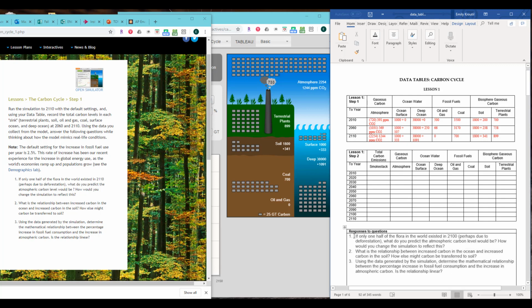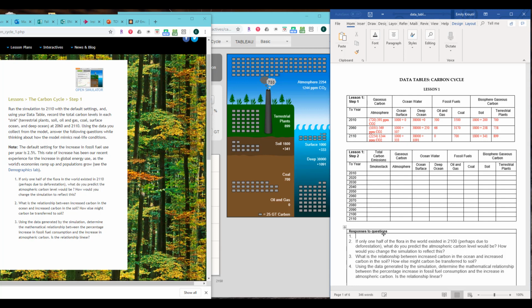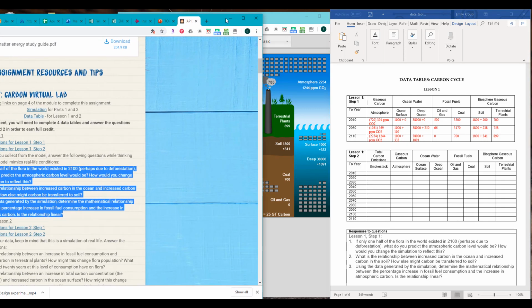I'm going to write that these go to lesson 1, step 1, so I don't forget or get confused about where I'm supposed to be looking at these. You can go ahead and answer them now, or you can collect all your data and answer them later. It's up to you. I'm not going to answer the questions because I want you guys to answer those, so I'm going to go to the next step.